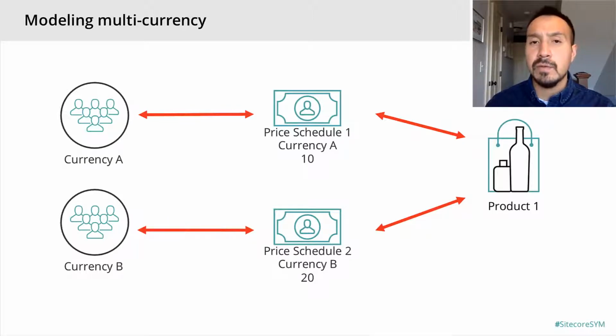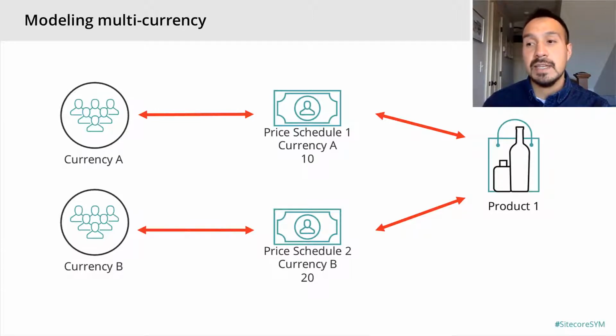Now the one thing we haven't really talked about yet is price schedules can also be set with a currency. So along the top, we have currency A, and then on the bottom, currency B. The API will enforce that I can only assign prices to parties that share a common currency.